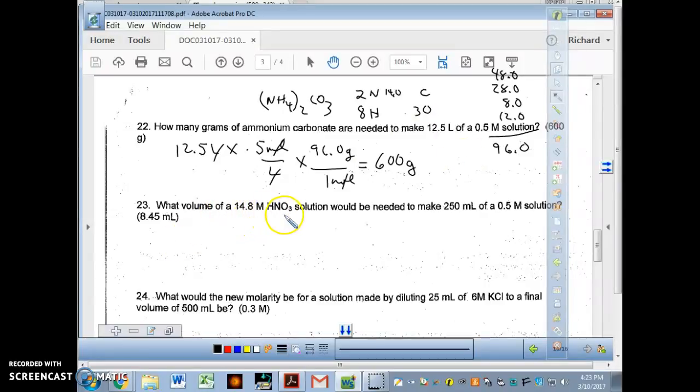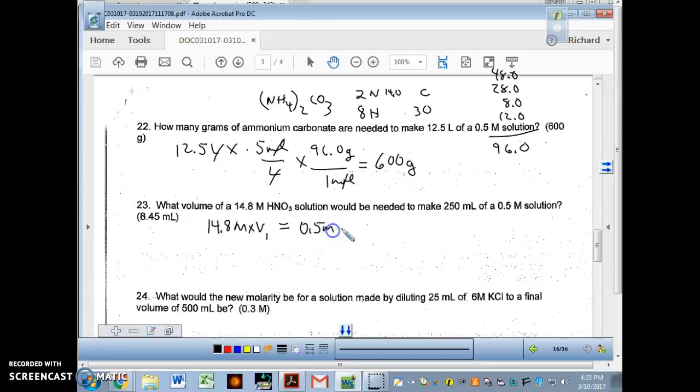What volume of 14.8 molar of nitric acid solution would be needed to make 250 milliliters of a 0.5 molar solution? So here we go again with our concentrated. M1 V1 equals M2 V2, 0.5 molar times 250 milliliters.